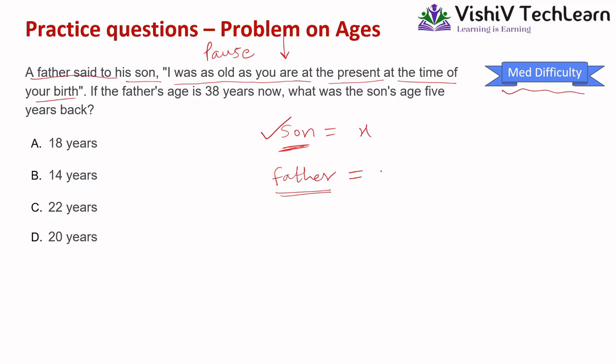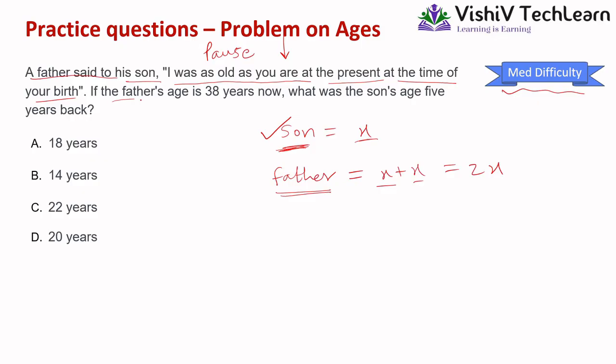So as of now, the present age of the father must be x plus x, because at the year the son was born, that x age, plus as of now it is after x years he is talking to his son, so this x plus x would be 2x. Correct.